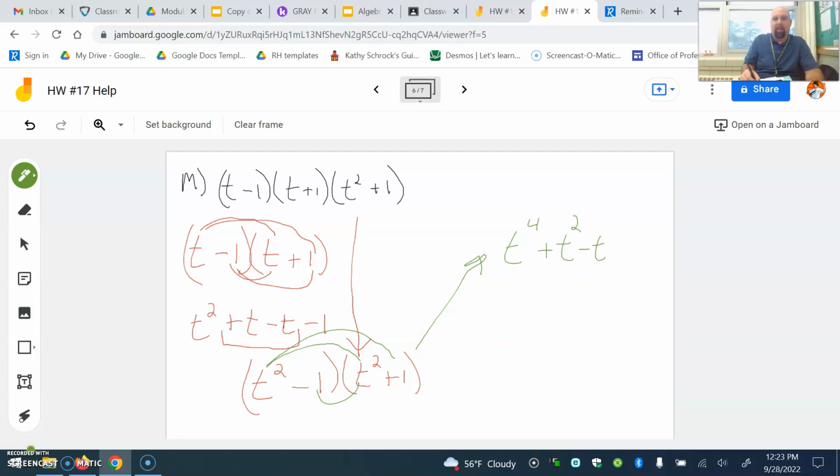Hopefully you're seeing a little pattern here. And -1 times 1. Hey, look at that. Middle two terms cancel out or zero out. t to the 4th minus 1. What an interesting answer for that last problem.